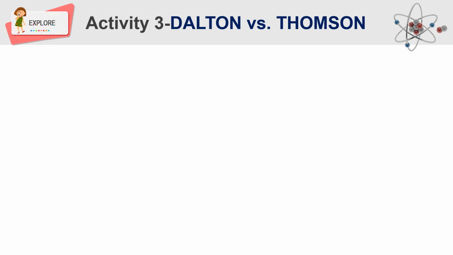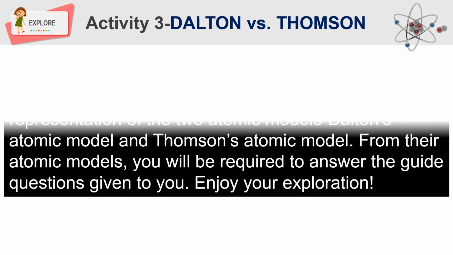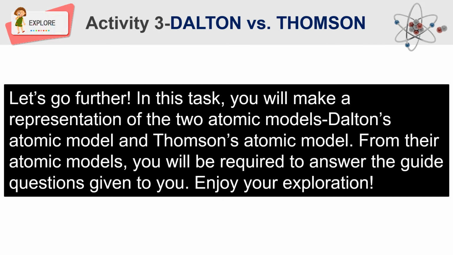Let's explore another activity. Number 3, entitled Dalton versus Thomson. Let's go further. In this task, you will make a representation of the 2 atomic models, Dalton's atomic model and Thomson's atomic model. From their atomic models, you will be required to answer the guide questions given to you.